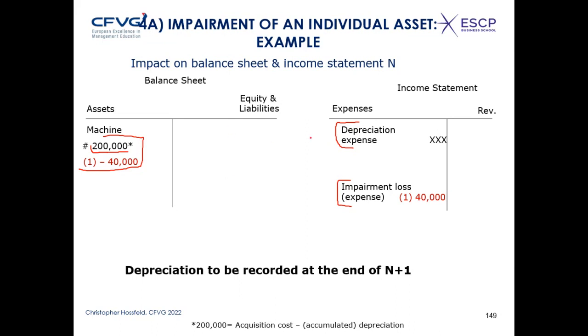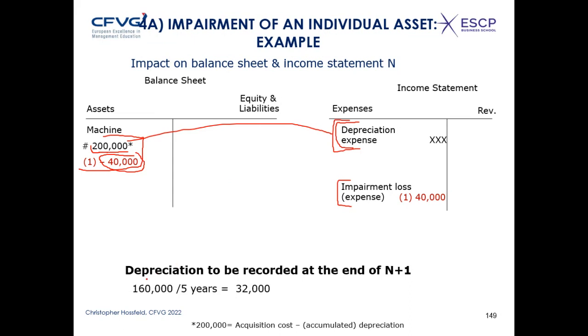My original depreciation schedule was based on the acquisition cost of the asset and a book value of 200,000 at the end of N. But now I reduced the book value down to 160,000, and I cannot continue to depreciate the remaining 200,000. That's not possible. Therefore, for the following years, N+1 and so on, I need to recalculate my depreciation.